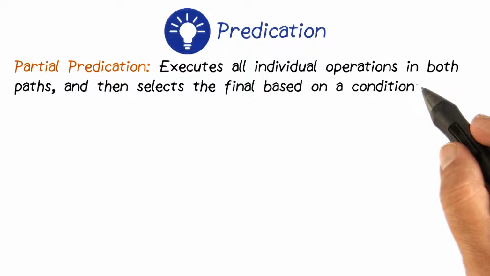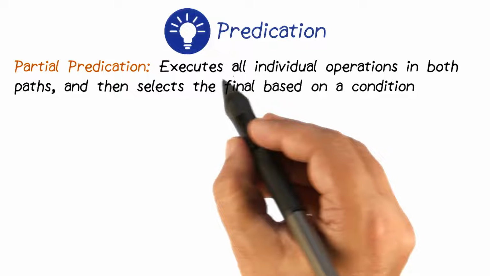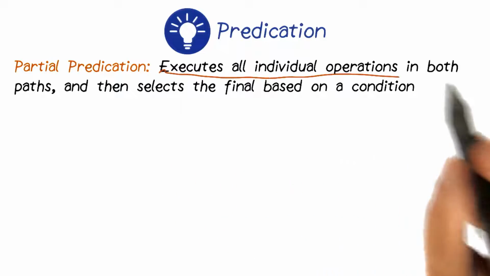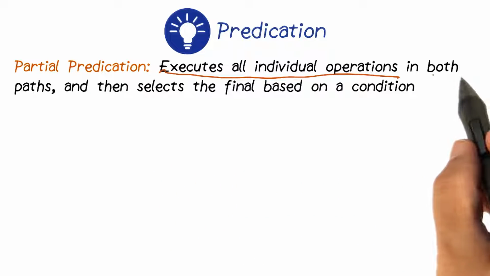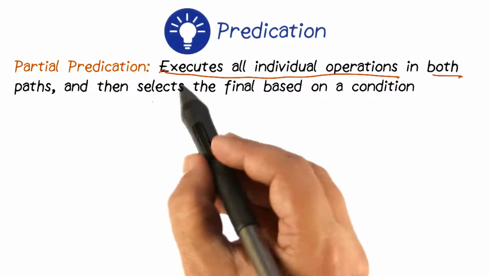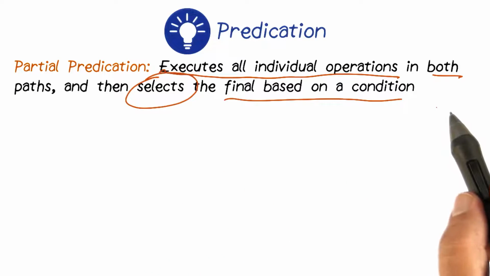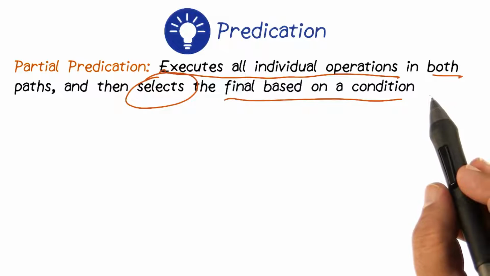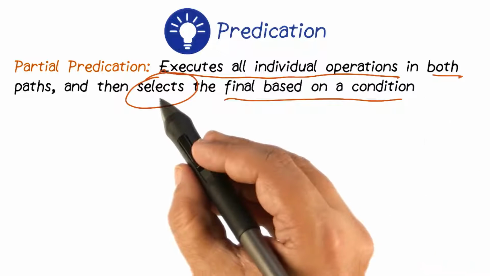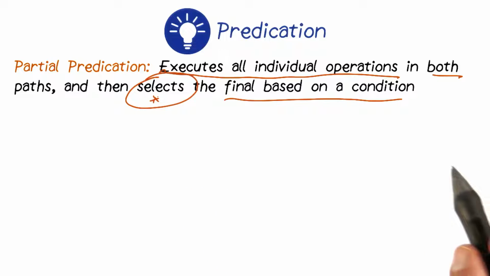The difference here is, in partial predication, we are going to execute all individual operations on both sides of the branch, and then we are going to select the final one based on the condition. So we'll have both sides of the branch executing, both results being available, and finally this is the part which is going to decide which is the result which we are going to actually use and discard the other one.